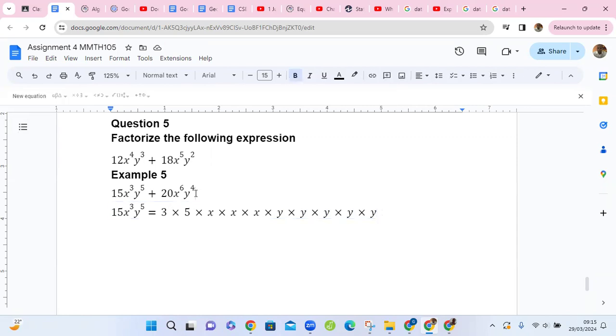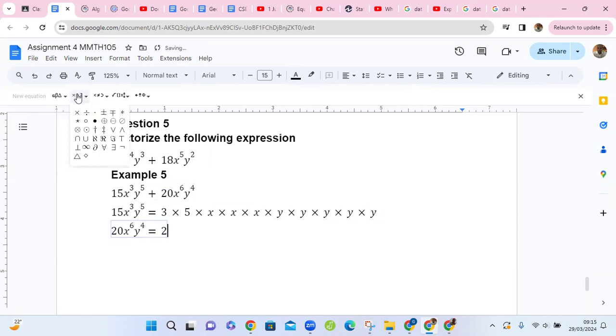Let's do the same with 20x to the 6, y to the 4. So 20 can be broken up into 2 times 2 times 5. 2 times 2 times 5 is 20.